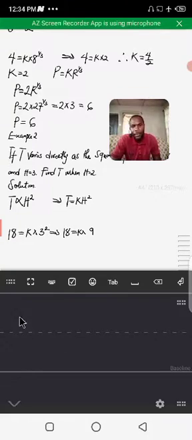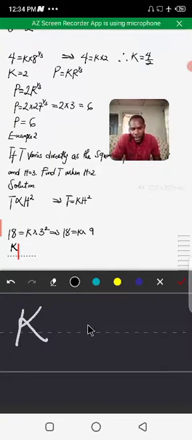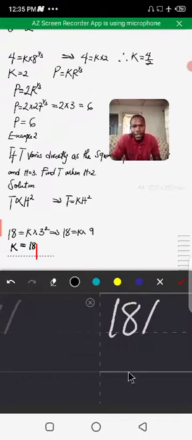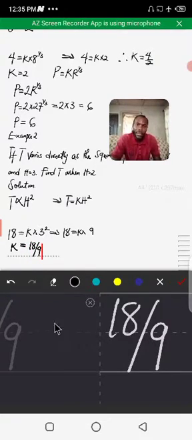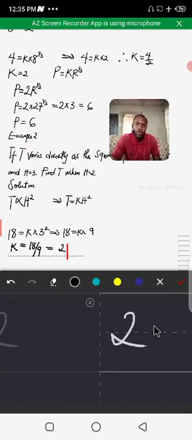Therefore, K is equal to 18 divided by 9, which gives us 2.